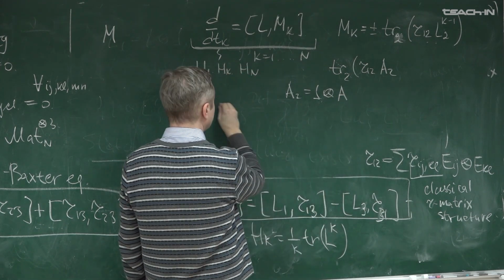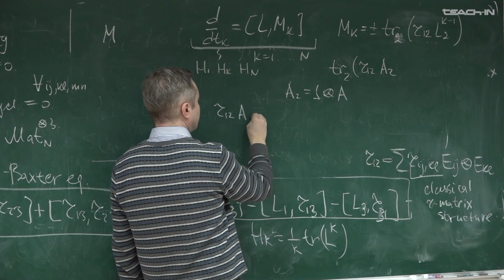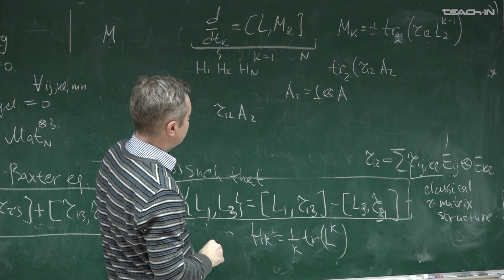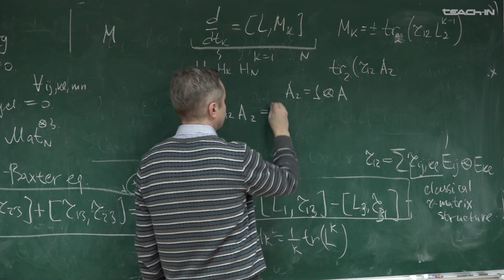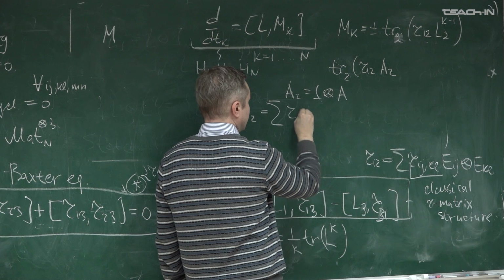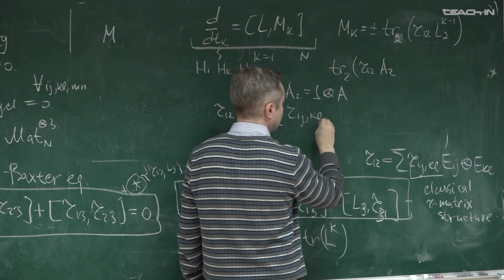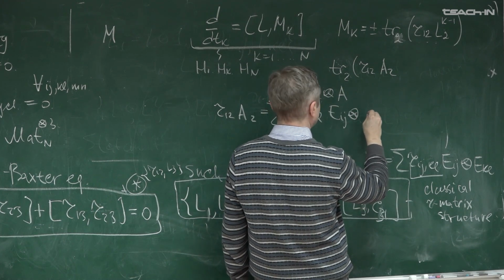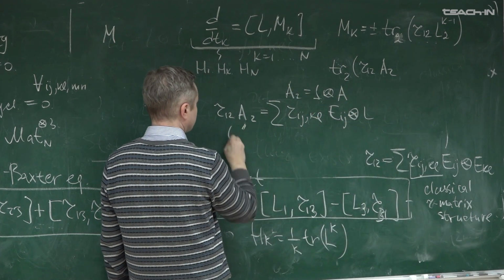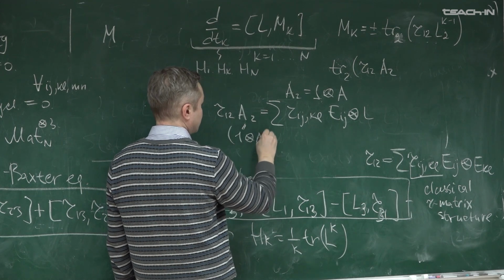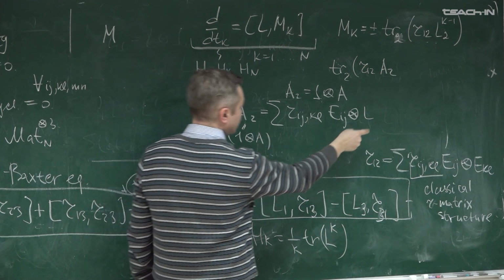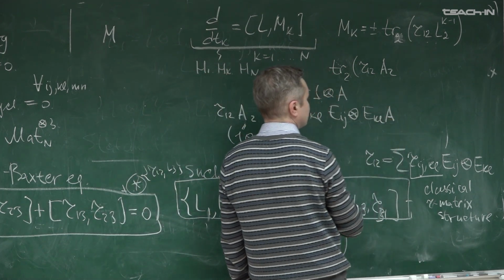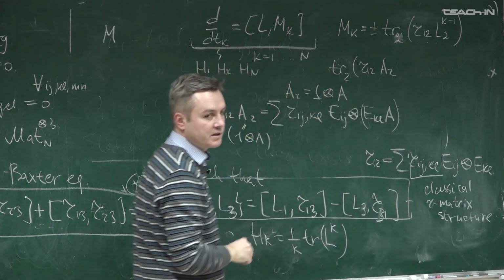So if we multiply R12 by A2, then what happens? It is equal to Rij KL Eij times, this A2 is 1 over A, yes? So it is multiplied by the second component, AKL A. And now we compute the trace.